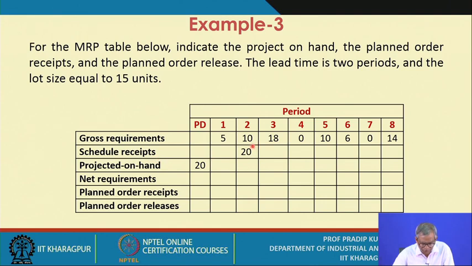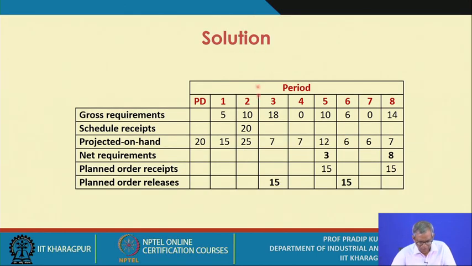The scheduled receipts is 20, and the projected on hand is 20 units at this stage, and you have to determine the net requirements, the planned order receipts and planned order releases. You follow the same procedure, following the logic one by one, and then you have these planned order receipts. This is just another example, and the planned order releases you compute based on the lead time.